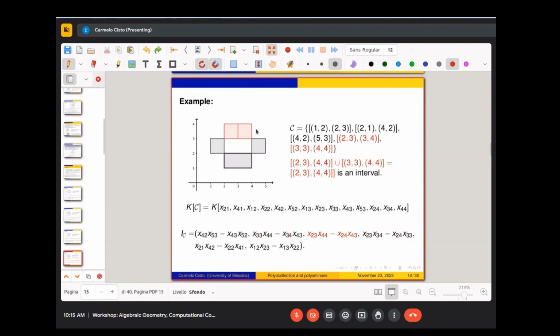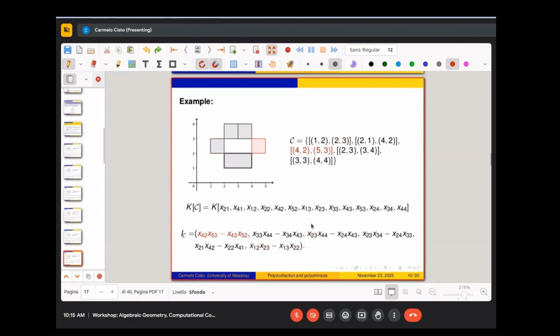If we consider this one, this is an example of inner interval because it is the union of two intervals. In this case, two cells. In this case, the cell, the interval 3, 3, 4, and the interval 3, 3, 4, 4. So this is an inner interval. We have the associated binomial, and so for the other ones. So this is an example of polyomino collection.